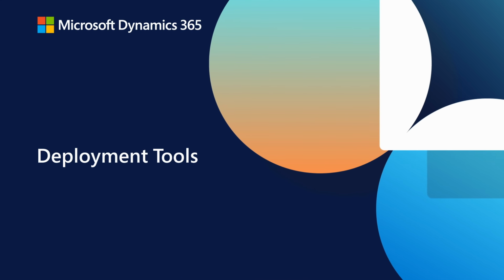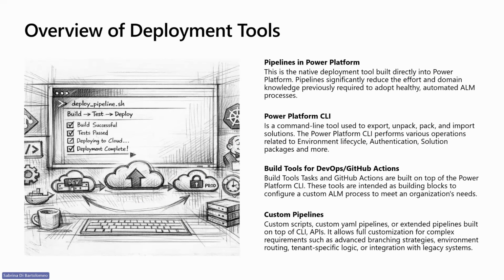Next, an overview of the available deployment tools. The choice of which tool to use really depends on the ALM requirements of the project and on the know-how of the implementation team.